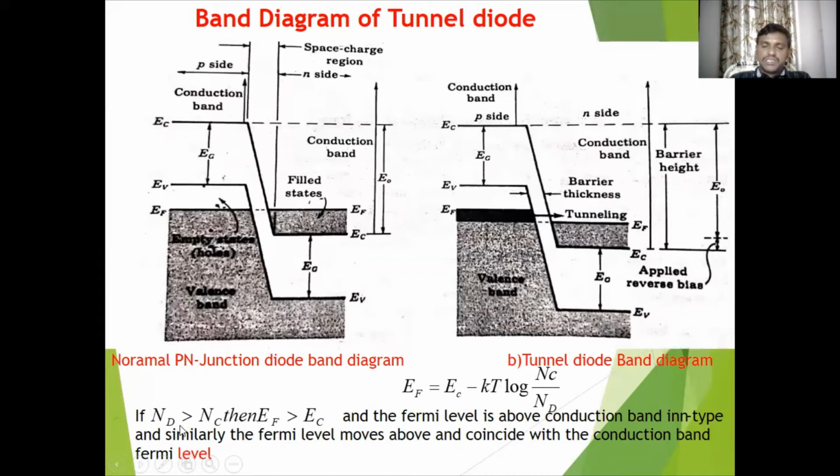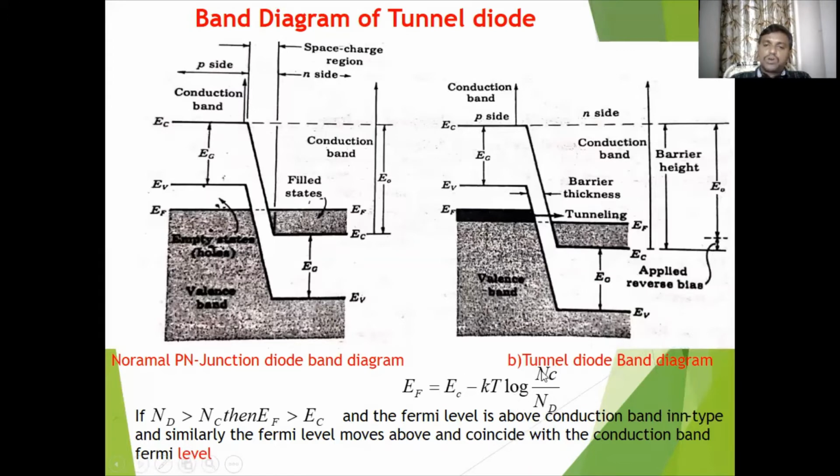Now consider if ND is very much greater than NC. In NC by ND, the denominator is very much greater, so it is log of a small value. Log of a small value is a negative value, because NC is much less than ND.